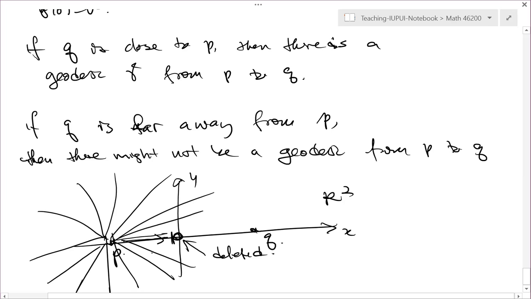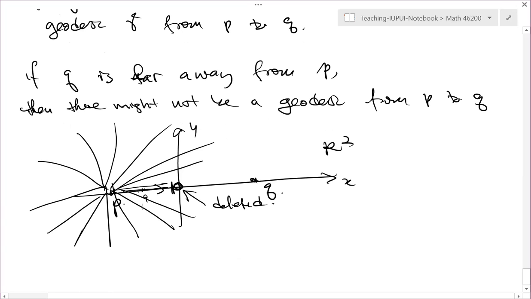You cannot extend it. But if you choose a Q close to P, somewhere here, yes. If it's a little bit away from P, then you cannot find a geodesic going from P to Q.